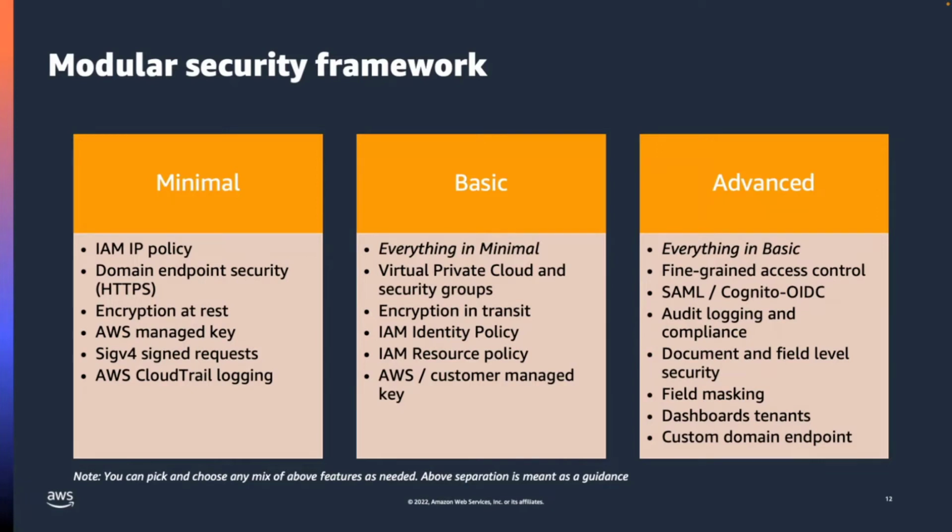Resource policies specify which actions a principal can perform on the domain's sub-resources. So you can control this further down to a sub-resource level. Within the domain, you may want your principals to only access certain indices, or to only have certain actions on certain sub-resources.